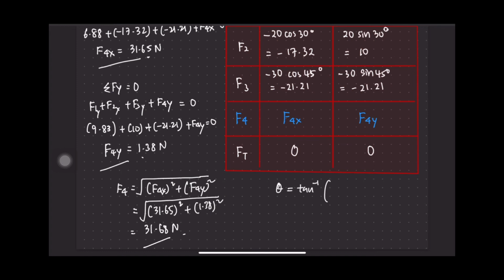Tangent inverse F4y over F4x. So angle will be 2.50 degree. So duduk komponen mana? Because both are positive, means that quadrant number 1. Above positive x axis.